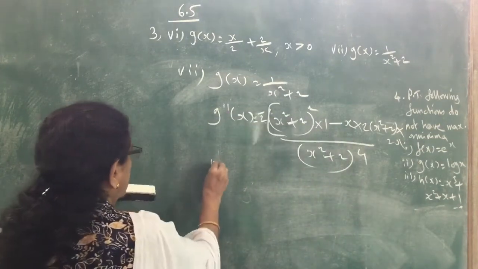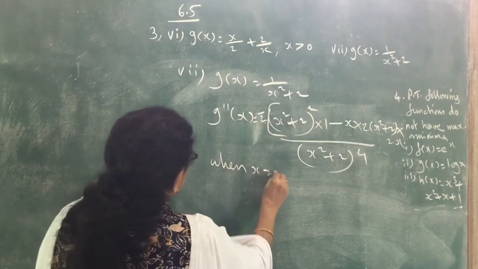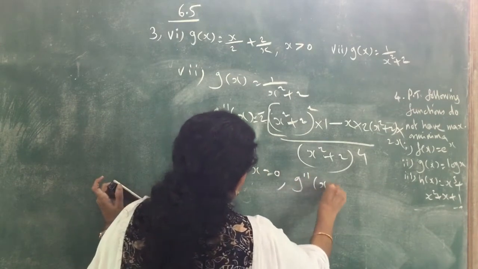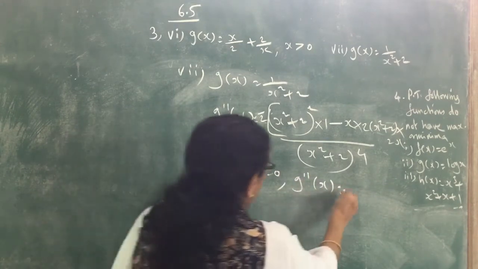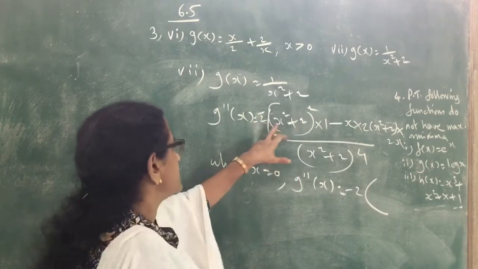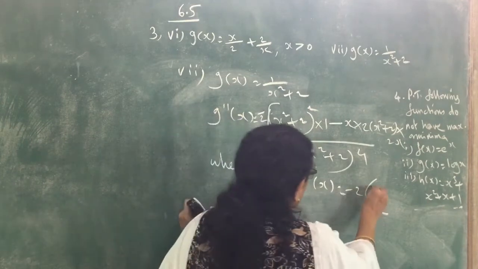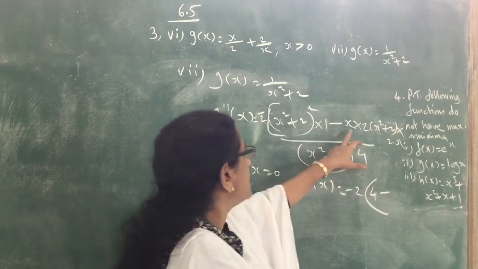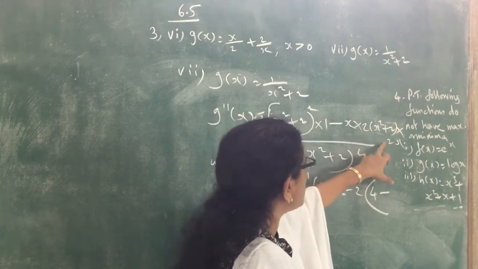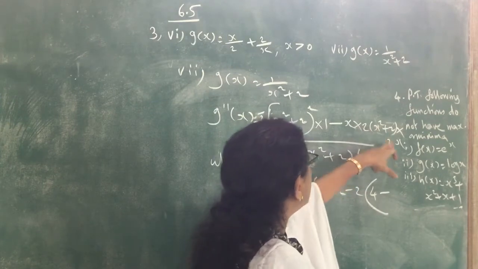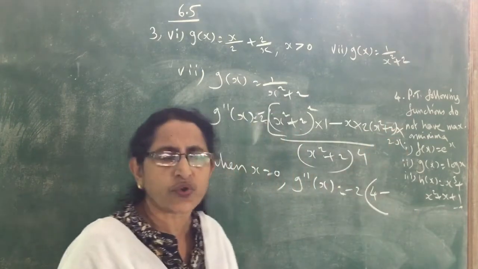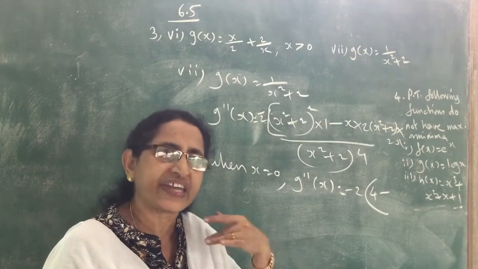When x equal to 0, g double dash x equal to minus 2 into bracket, 0 plus 2 whole square, 4, minus, then 4x into x square plus 2. So x becomes 0 means that term becomes 0.